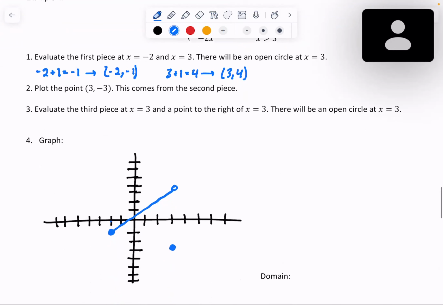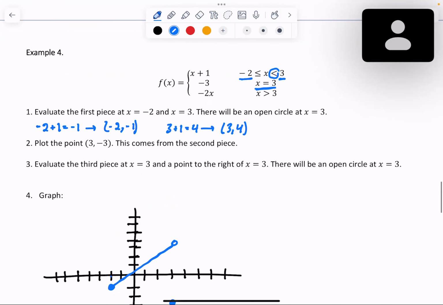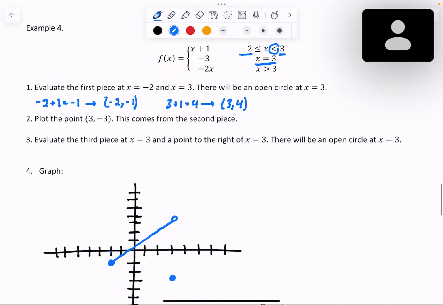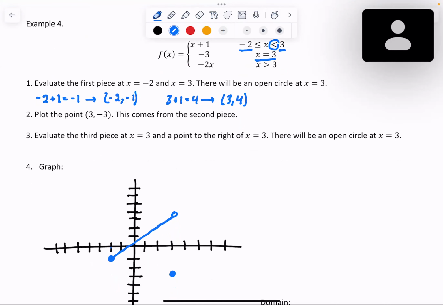And now it says evaluate the third piece at x equals 3 and to the right of it. So if I do that, when x is 3 and I plug that into the bottom, this would be -2 times 3, or -6. So this corresponds to the point (3, -6).